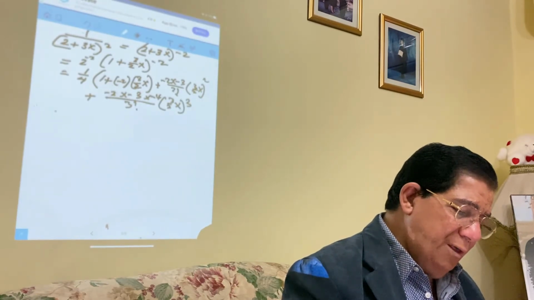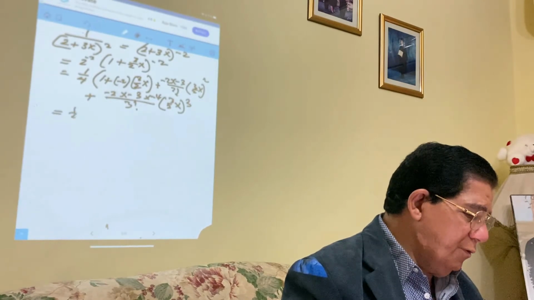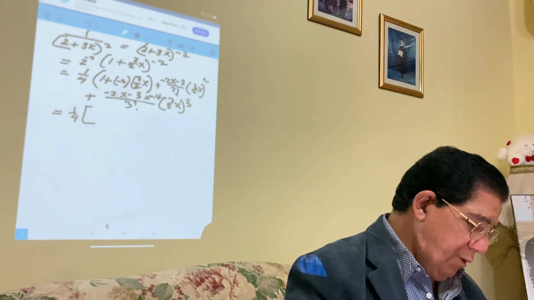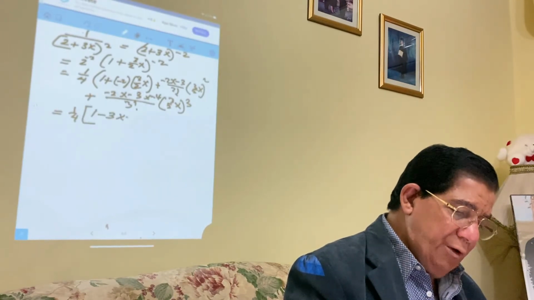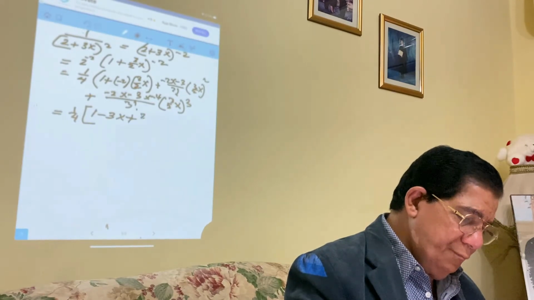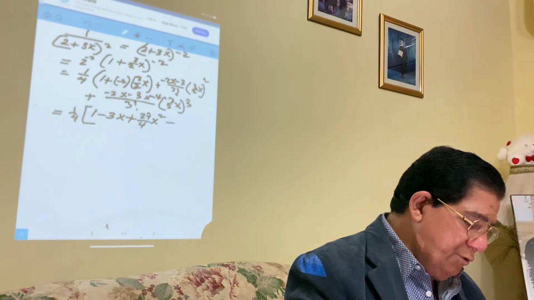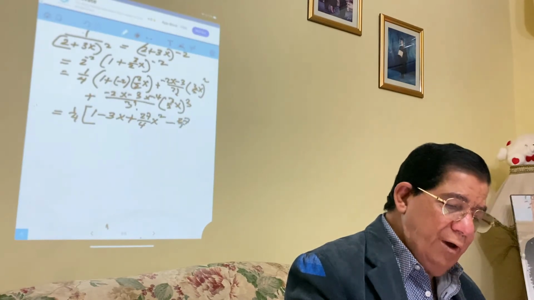We simplify this, we get 1 over 4 bracket into 1 minus 3x plus 27 over 4 x squared minus 27 over 2 x cubed.